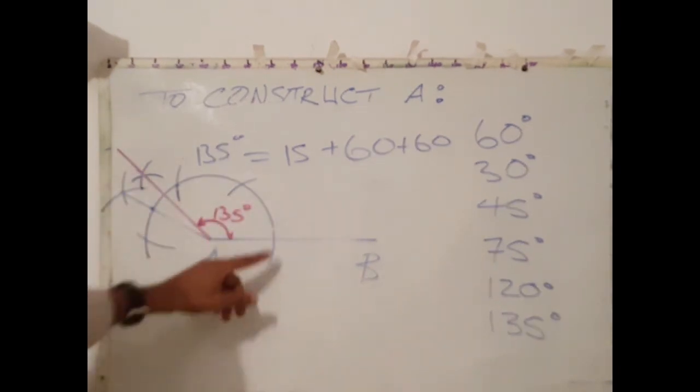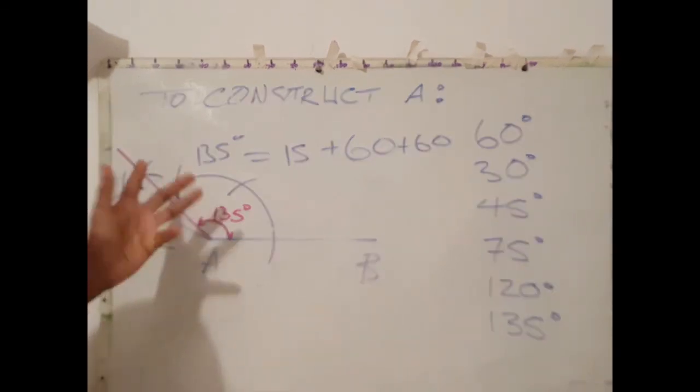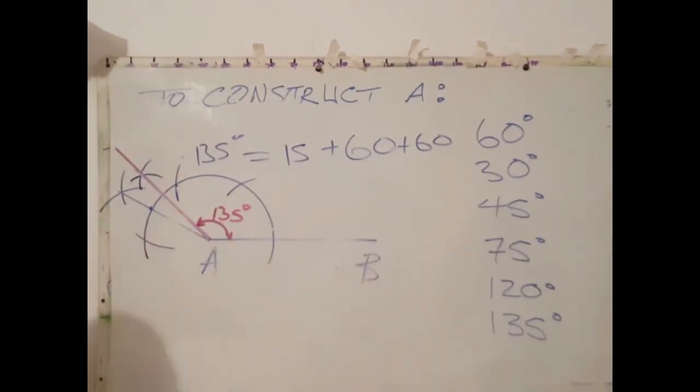There we go. So the 120 would have been here, which is pretty much self-explanatory.